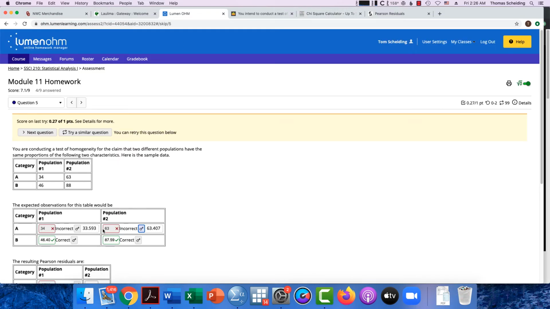Because going back to here, if we want to calculate the expected values, the expected values are pretty important in the process of calculating the chi-squared distribution. To get each of these four expected values we're looking for, we take the row total times the column total over the n.